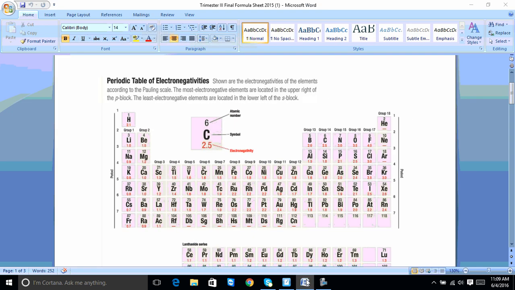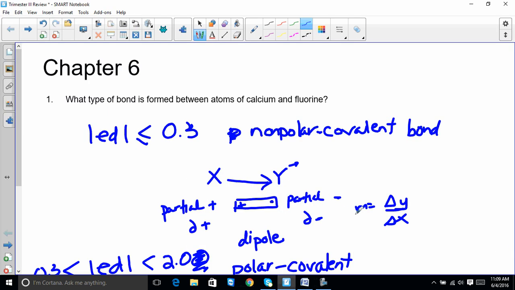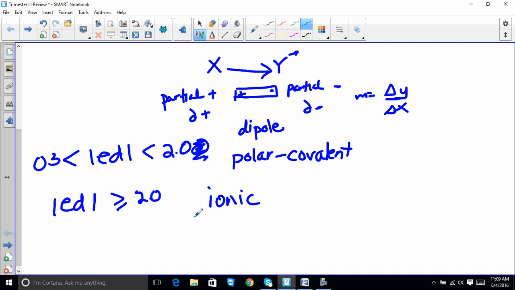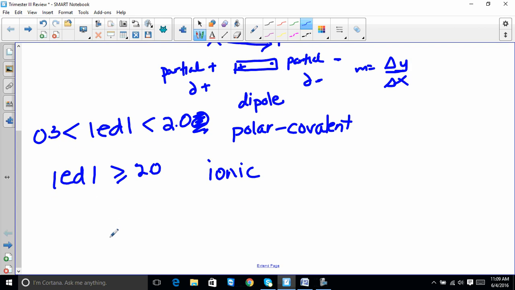Because the electronegativity of fluorine is 4.0, the absolute highest, and calcium is 1.0, we take the absolute value of the electronegativity difference.